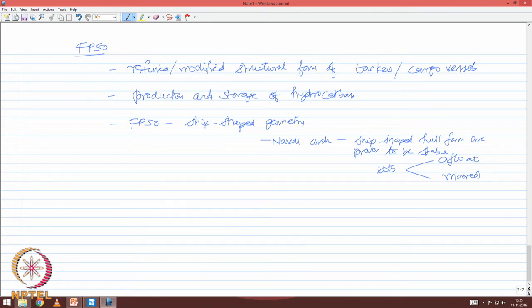However, when you want to do exploratory drilling, FPSOs need to be moved. There are two ways of moving them. One can be a permanent mooring with the help of cables.